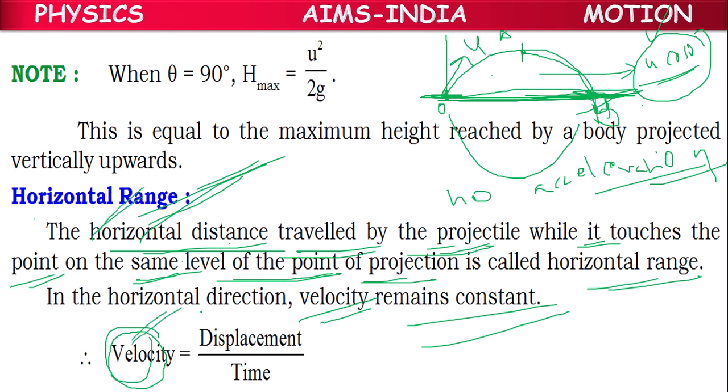So the normal formula: we know that velocity equals displacement by time. Here displacement is OB, which is equal to horizontal range. Velocity is u cos theta, the horizontal component. Time is the time taken for reaching from O to B, which is nothing but the time of flight.